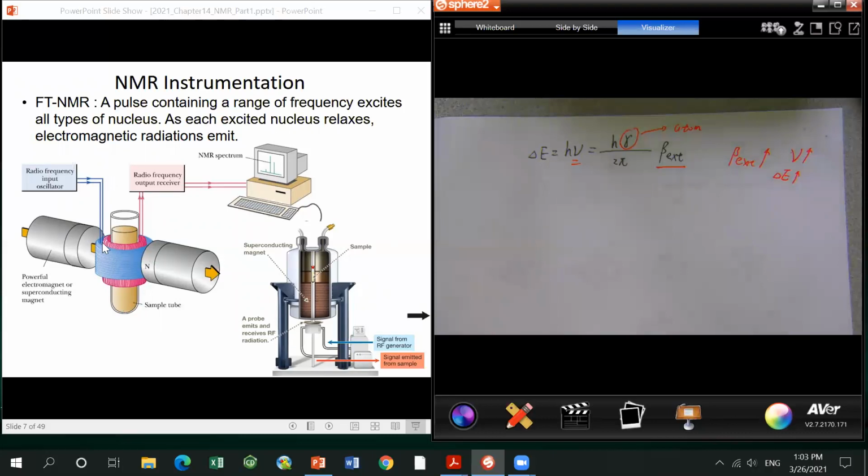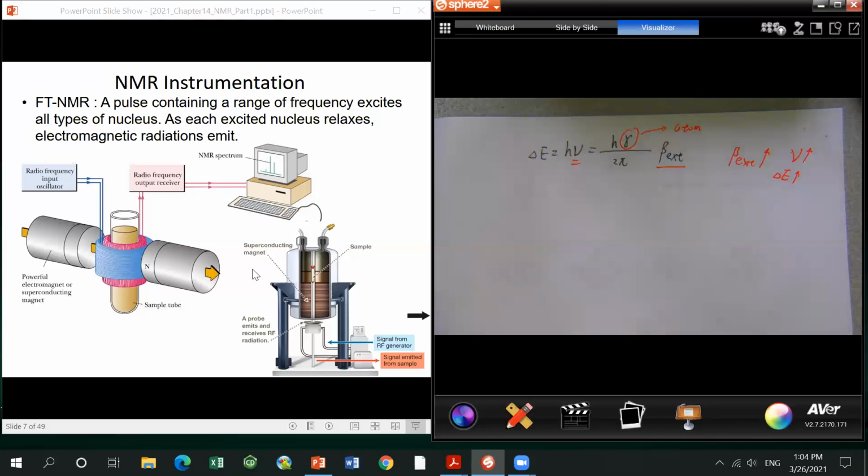And this red coil is the receiving coil. Once the sample goes back to the ground state, it releases some radio frequency that can be recorded by this red coil, and then converted into a computer signal, which gives out the NMR signals.